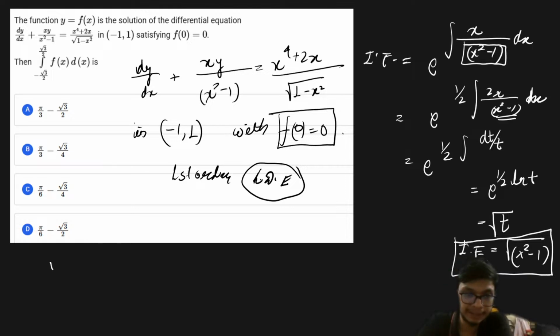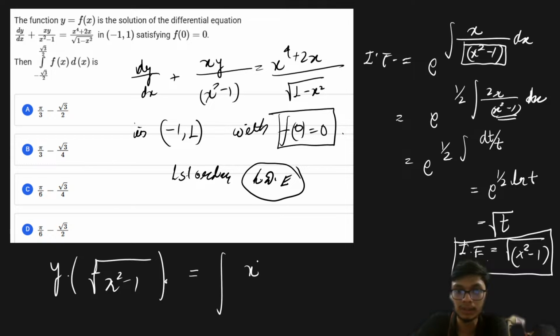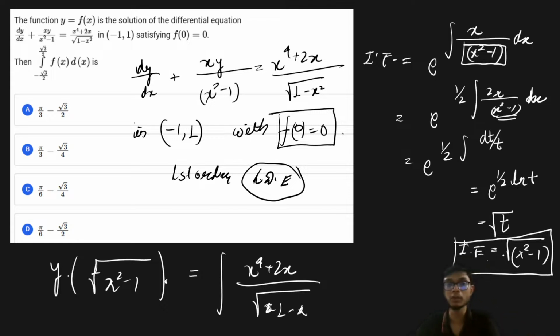Right. So once we have the integrating factor, the solution is y into the integrating factor, that is square root of x square minus 1, equals the integration of x to the power 4 plus 2x divided by square root of 1 minus x square. Now what is interesting is that since our solution exists only for x values between -1 to 1, the integrating factor should be taken as square root of 1 minus x square. Why am I doing that?